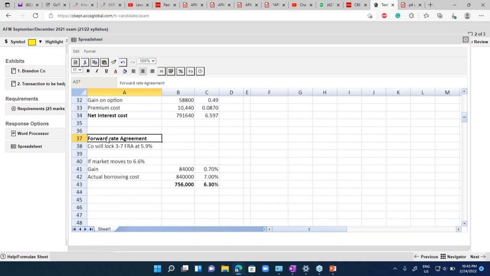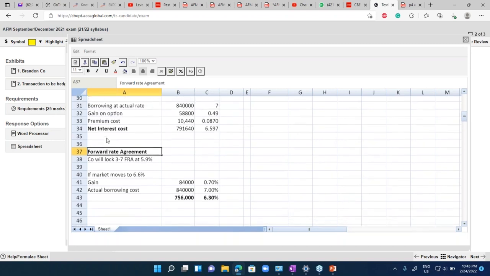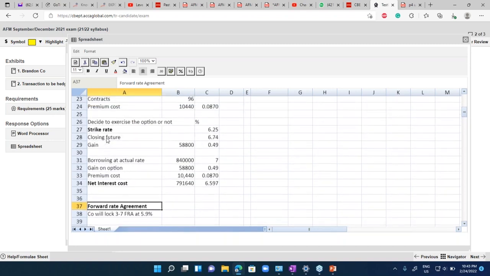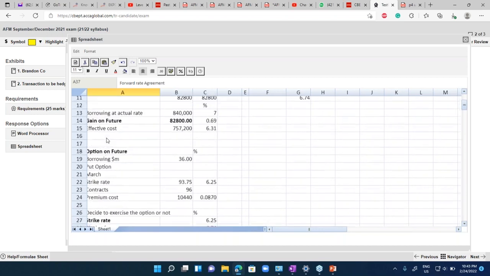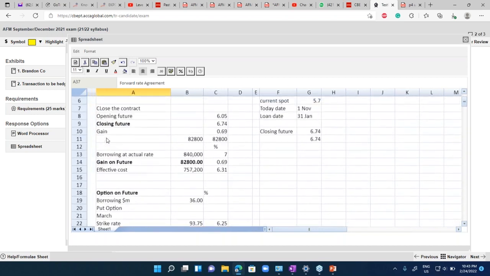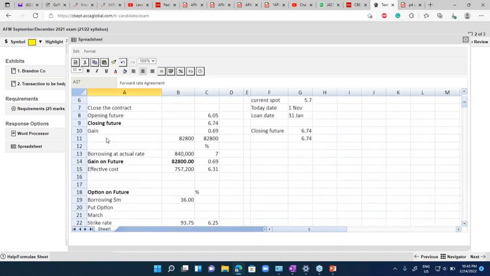Which one is better? Forward agreement 6.3, option 6.6, future is 6.31. So which one is better? FRA and future are almost the same. You will compare them and then recommend the forward agreement, because forward is slightly, marginally better.